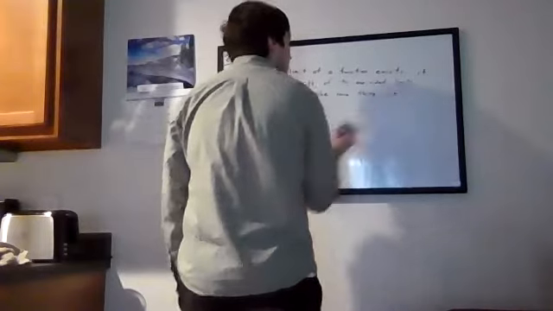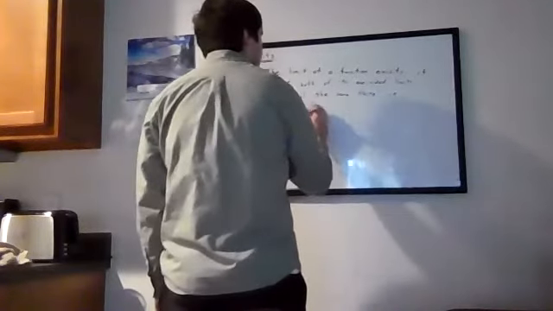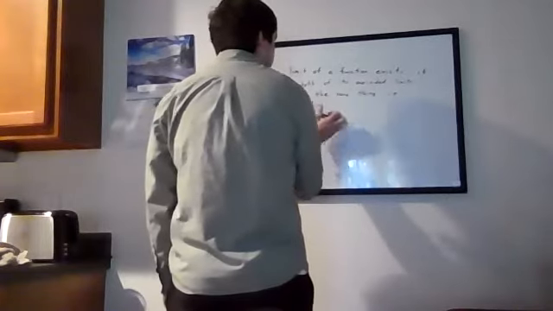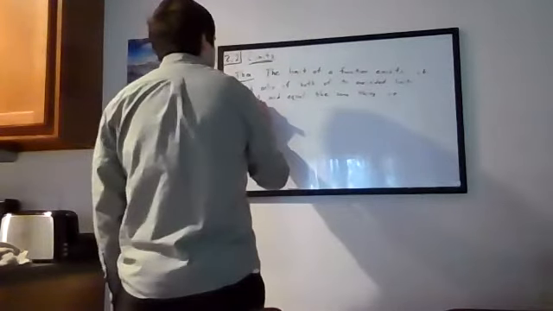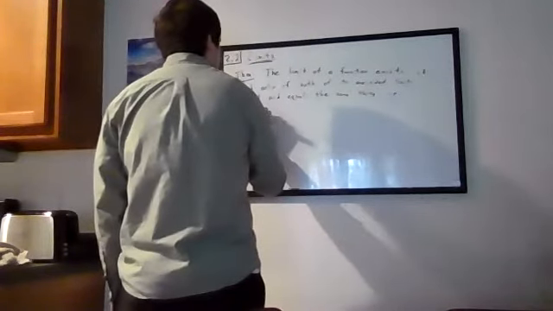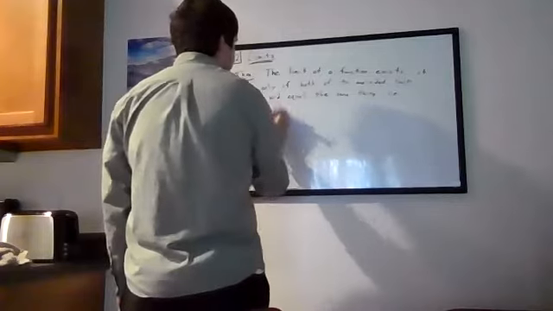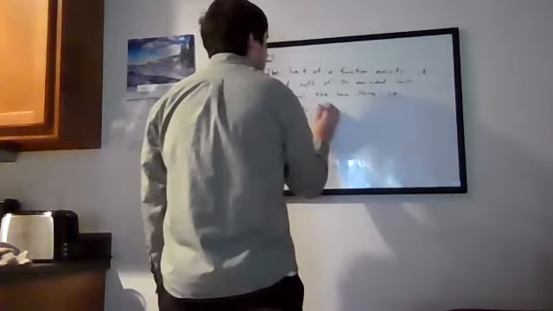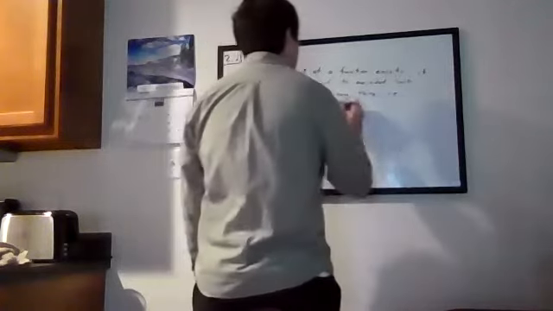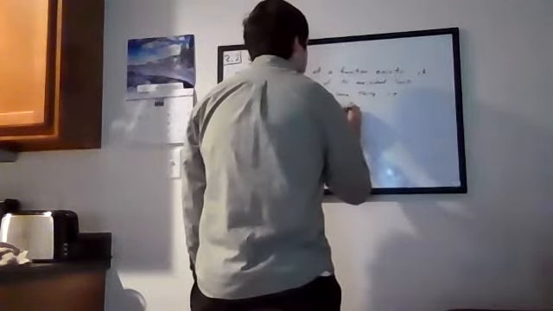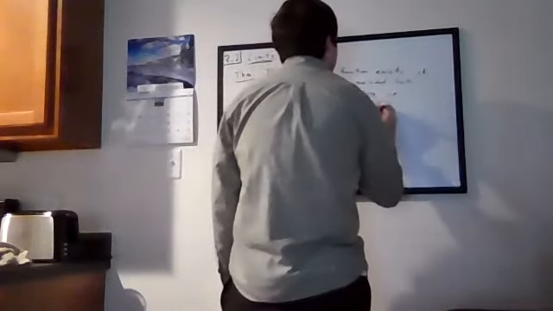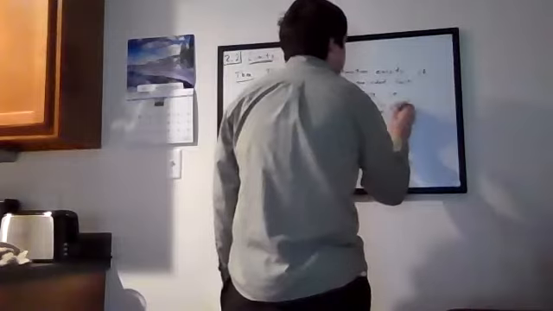I.e., the limit as x approaches a, right? So this basically means that the limit as x approaches a of f of x exists, means that the limit as x approaches a from the right of f of x equals the limit as x approaches a from the left of f of x.